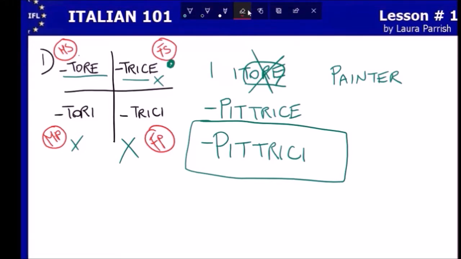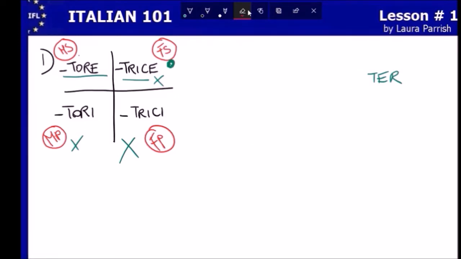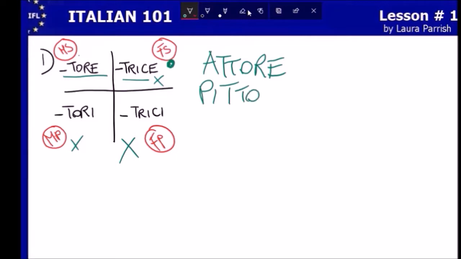It's considered an exception and not a real pattern because there are, I don't know, 4 or 5 words in this group. Let me see. One is attore. Then we have pittore. Then we have scultore.